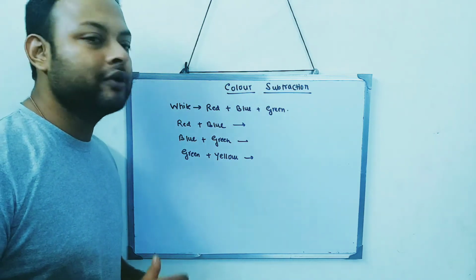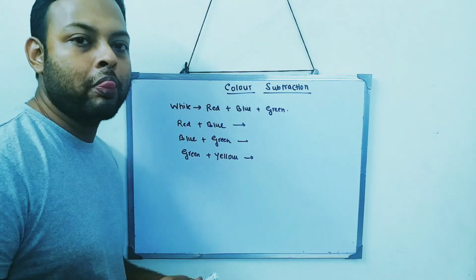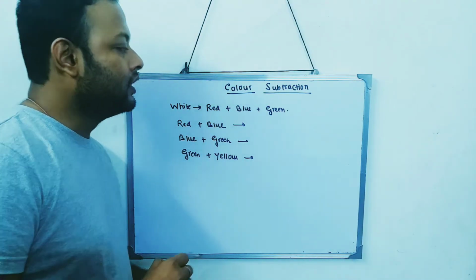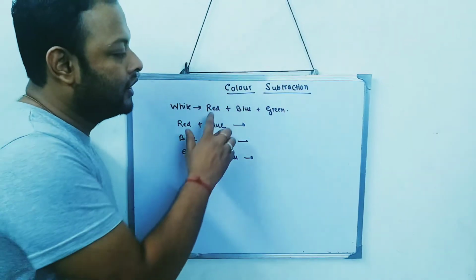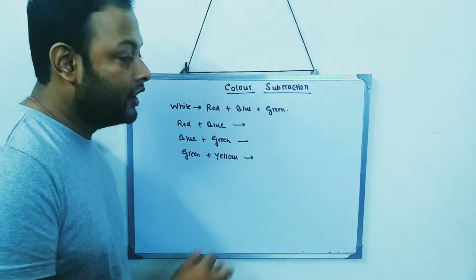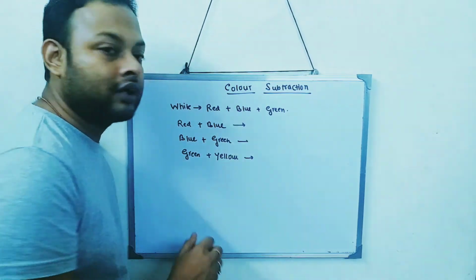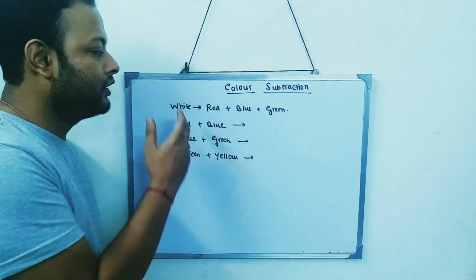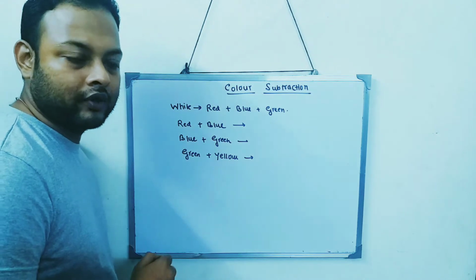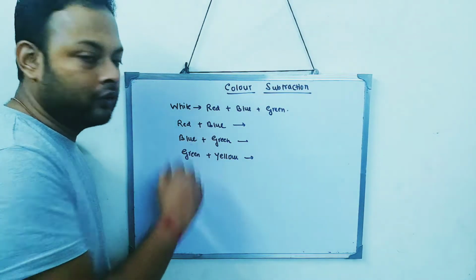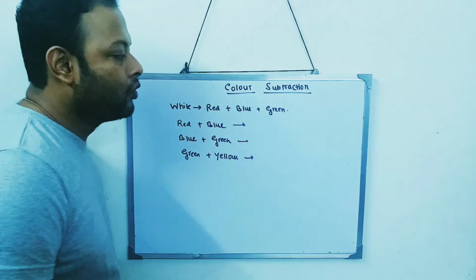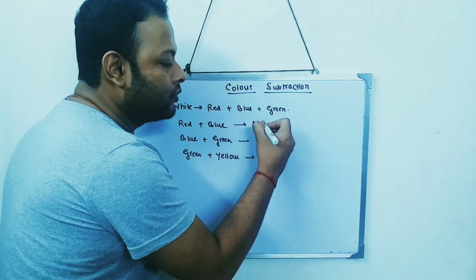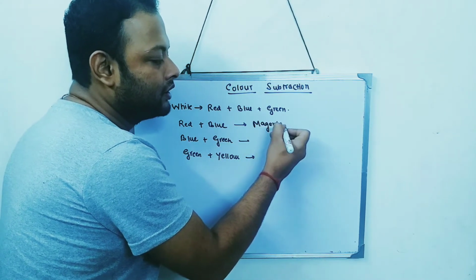Basically, before color subtraction, you have to know the basic knowledge that the primary colors are red, blue, and green. If you mix red, blue, and green, the ultimate product that you get is white. If you combine red and blue, what are you going to get? You are going to get magenta.